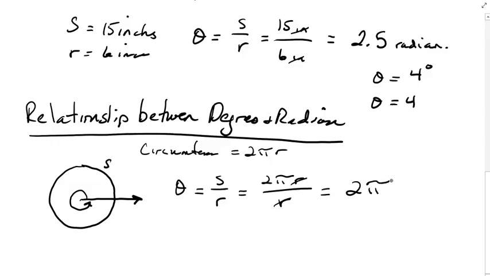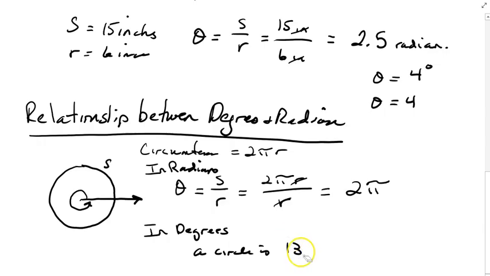Okay, this is in radians. In degrees, let's just go with our prior knowledge. In degrees, we know that 1 complete rotation around a circle is 360 degrees. So, in radians, 1 complete rotation around a circle comes out to 2 pi.